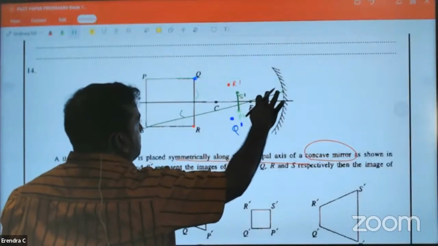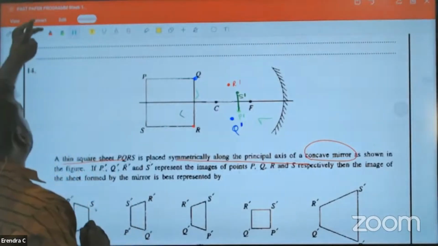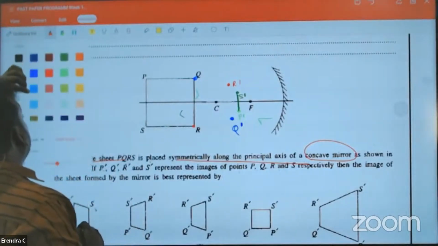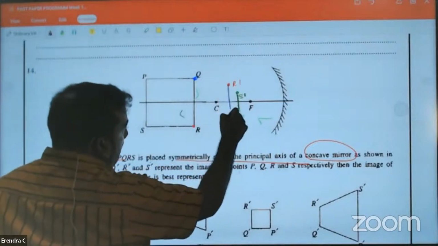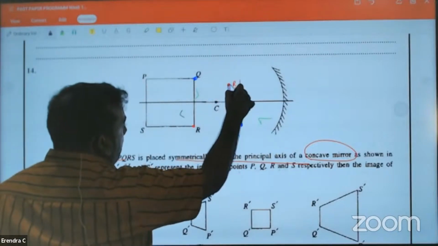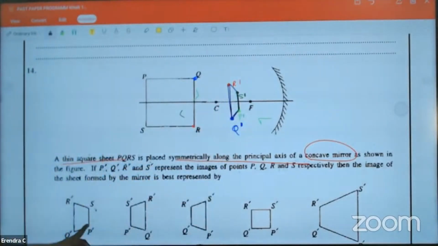You can see here clearly. R dash, Q dash is bigger. P dash, S dash is smaller. So P dash, S dash, R dash, Q dash. Answer is answer number 1.